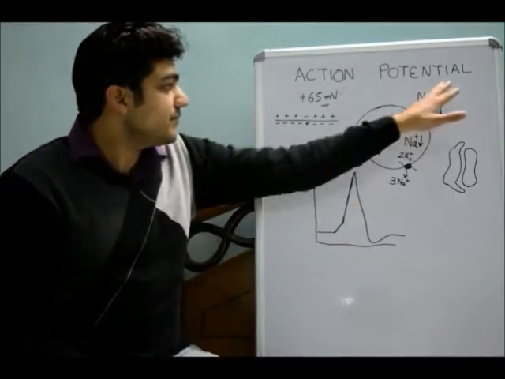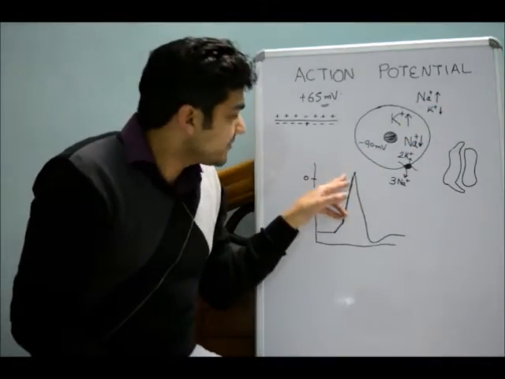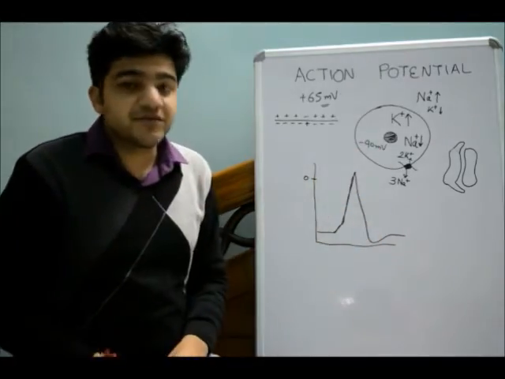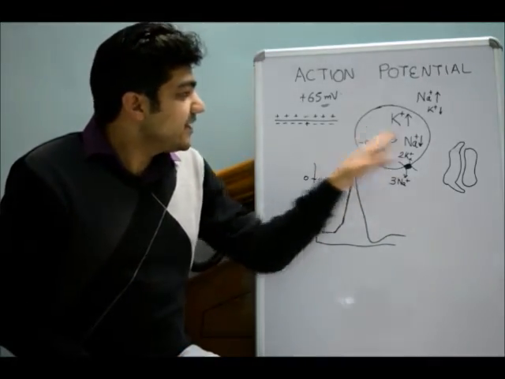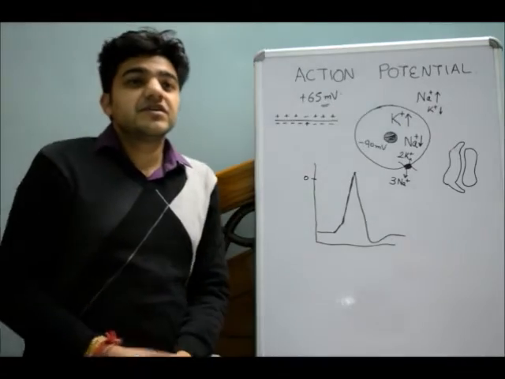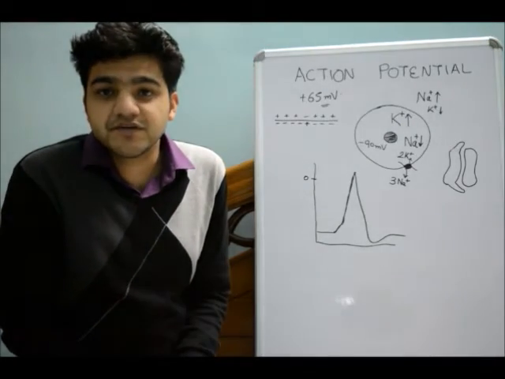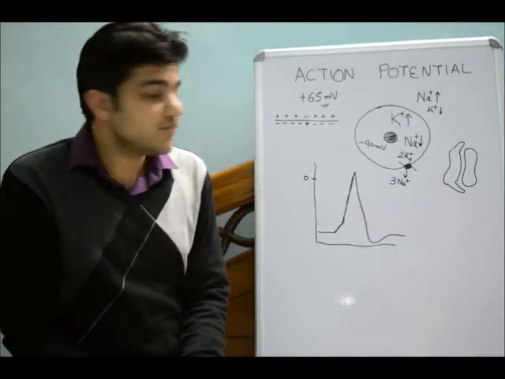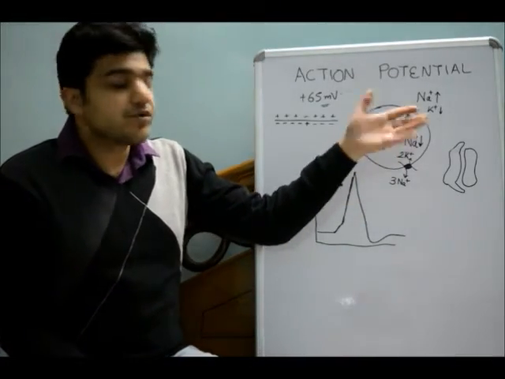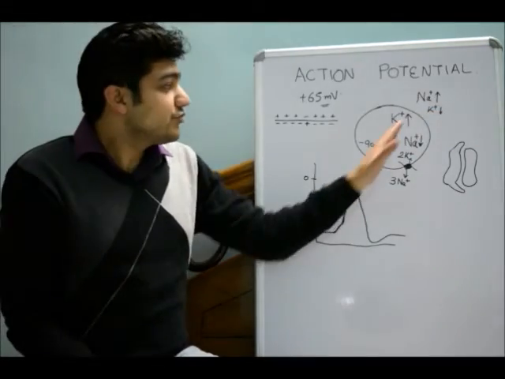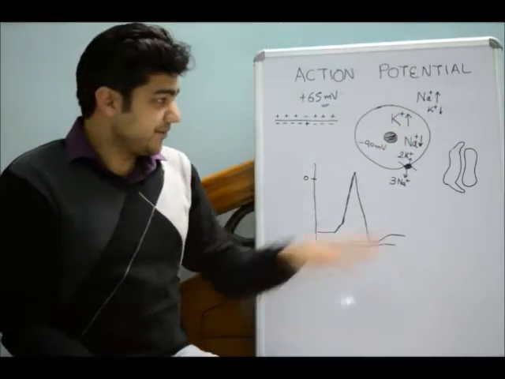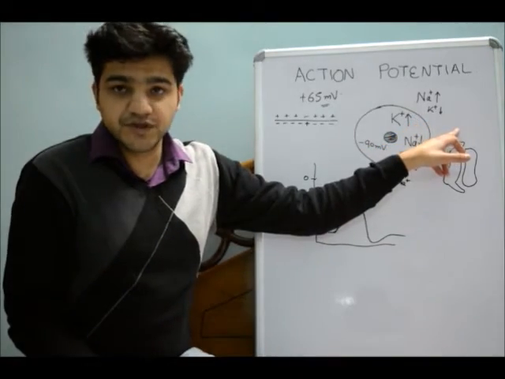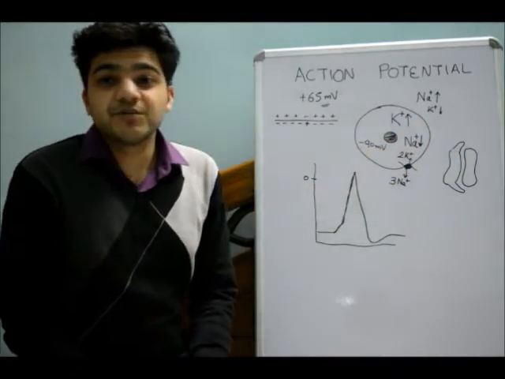Okay. Now after this, the sodium channels are closed, so the role of sodium channels is over. At the same time, when the threshold is reached, there is also opening of the potassium channels. Now where is potassium? Potassium is on the inside, more on the inside and less on the outside. So the chemical gradient would be to move potassium out of the cell. But what about the electrical gradient?